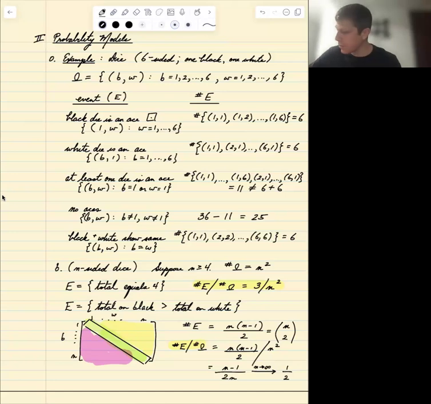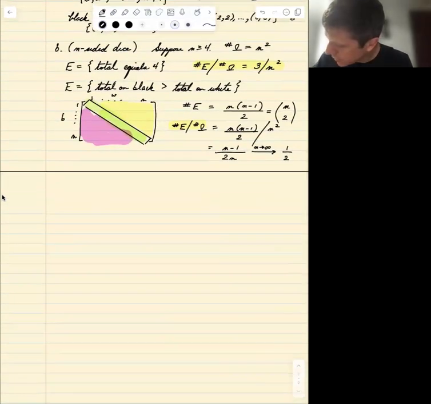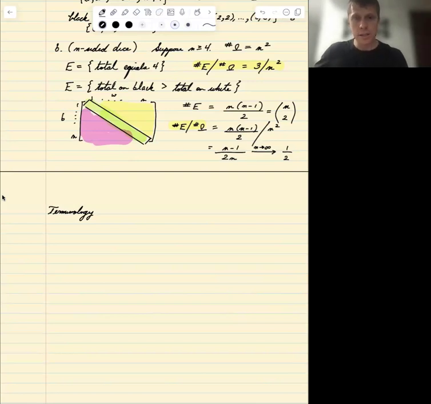Okay, so we're going to follow up with set theory. So let's fix some terminology and core concepts. We're going to talk about set theory and the axioms of probability.